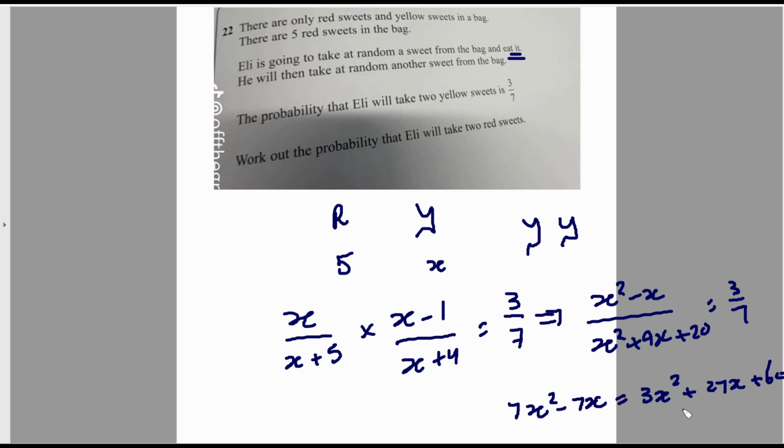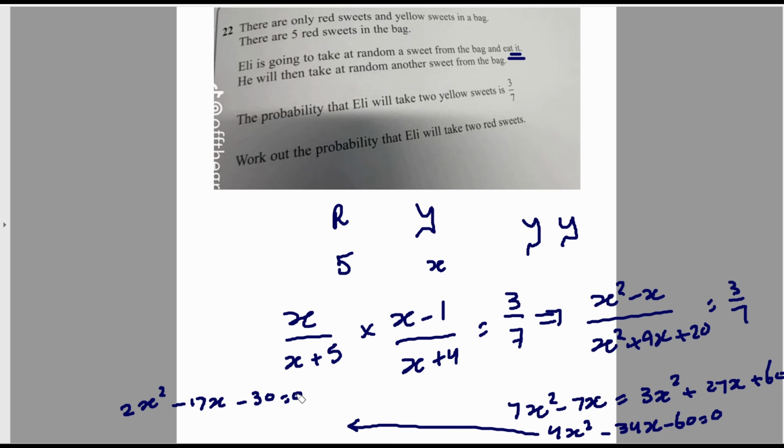Rearrange everything, so you get 4x squared minus 34x minus 60 equals 0. Divide everything by 2. When you divide everything by 2, what do you get? You get 2x squared minus 17x minus 30 equals 0.